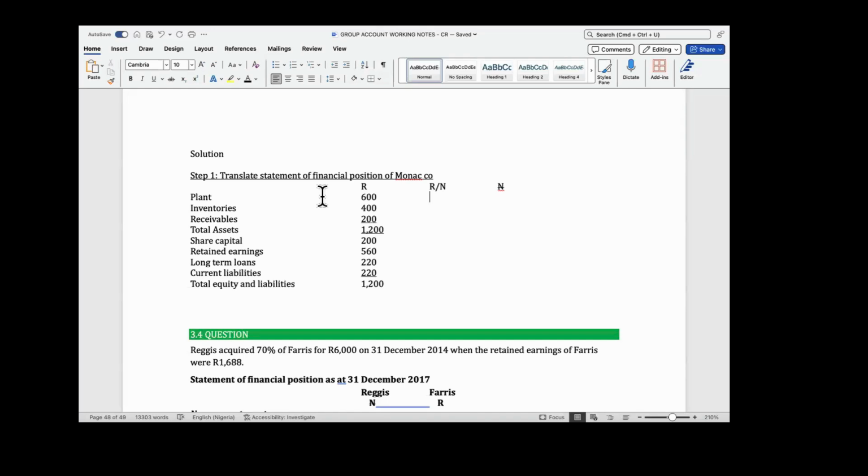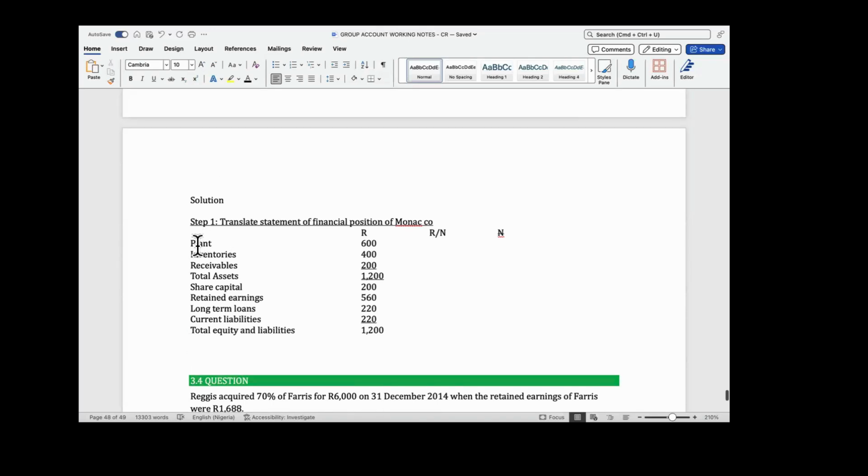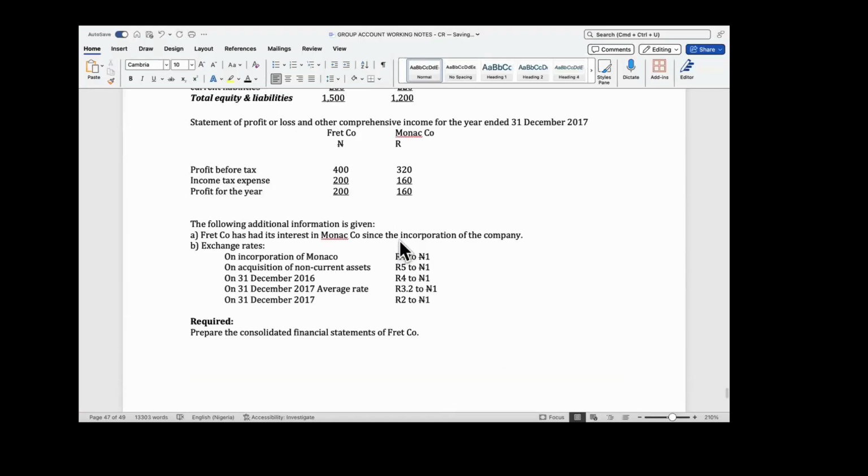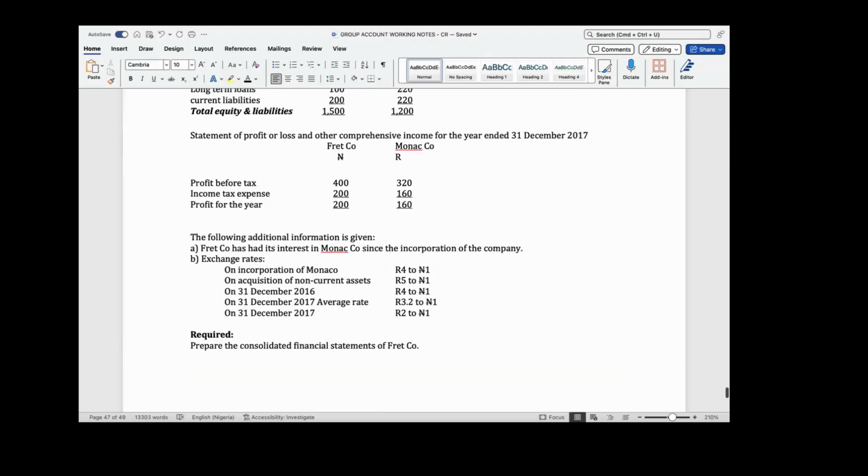Now, let's start with the assets first, the asset part. Which exchange rate are we going to use here? The year end here is December 2017. The 2 rand. Why are we using that?